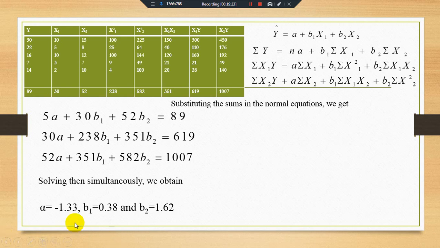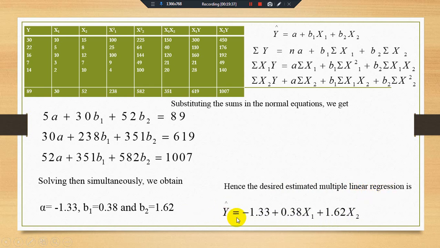Now put these estimated values into the equation, and we get the desired estimated multiple linear regression equation: y hat is equal to minus 1.33 plus 0.38 x1 plus 1.62 x2.